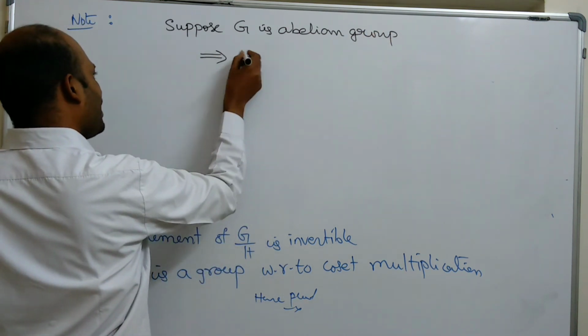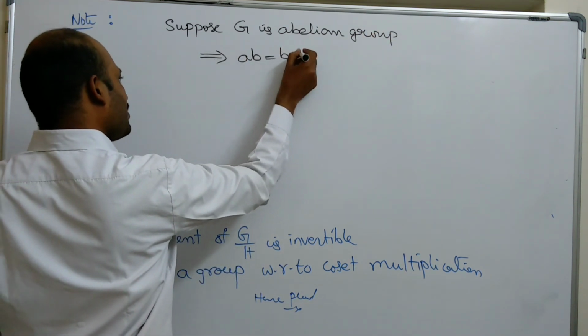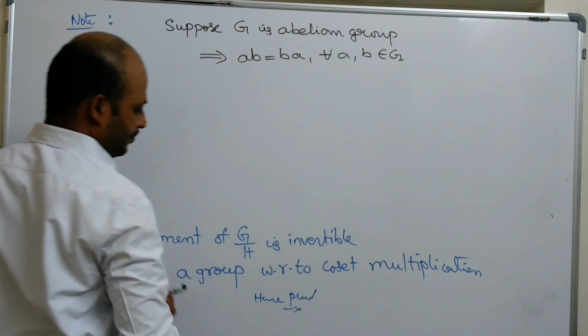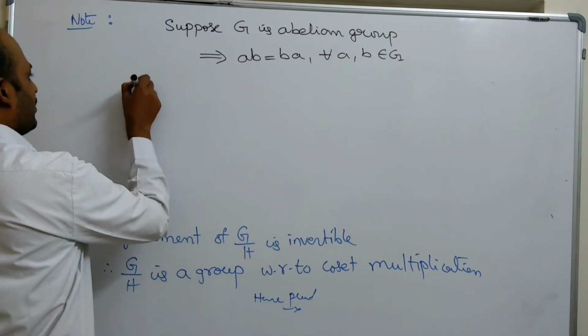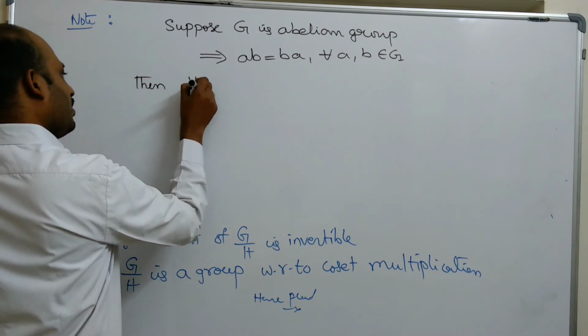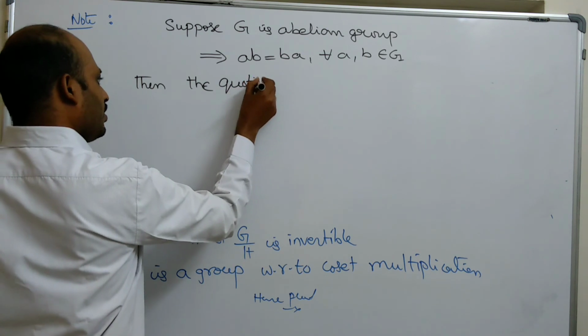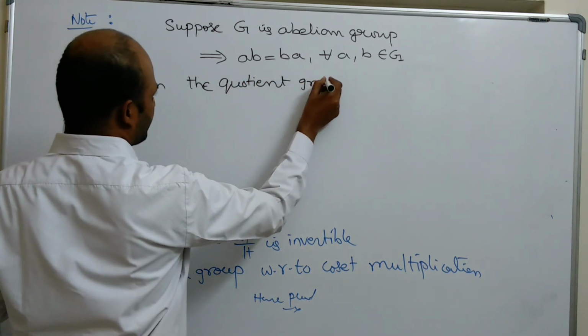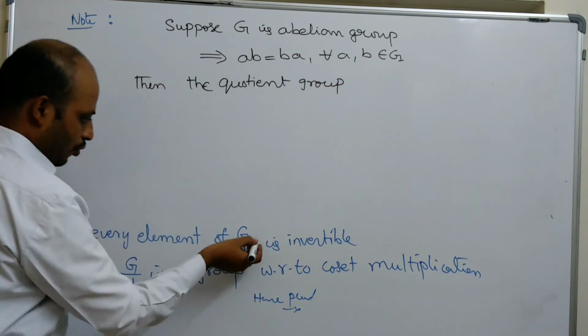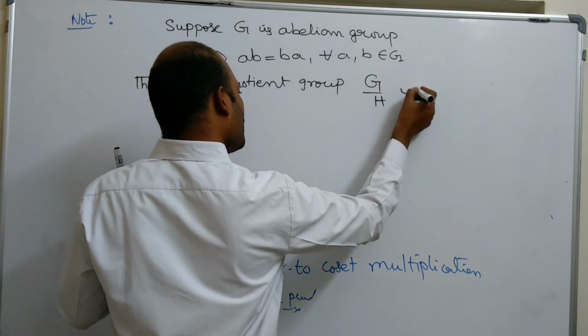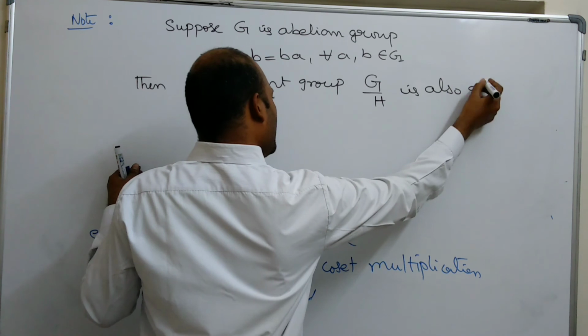If G is abelian, then ab is equal to ba for all a, b belongs to capital G. Then the quotient group G by H is also abelian.